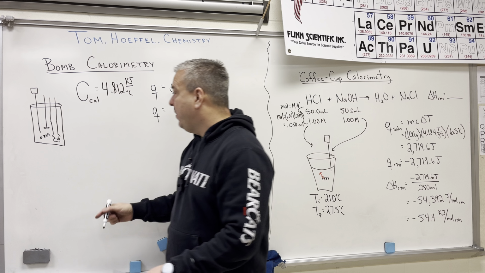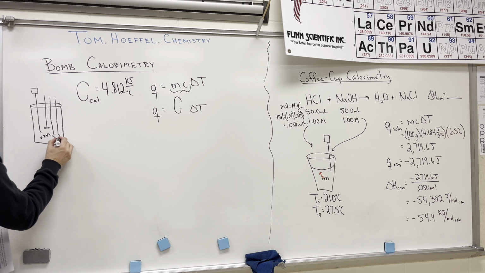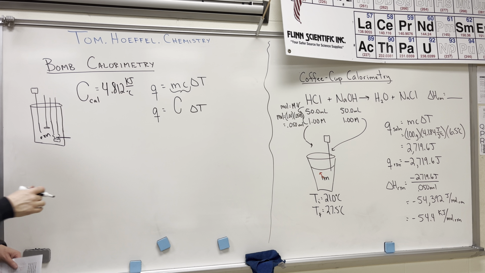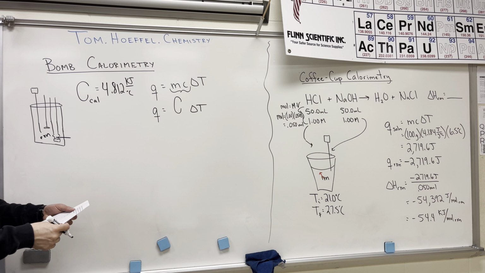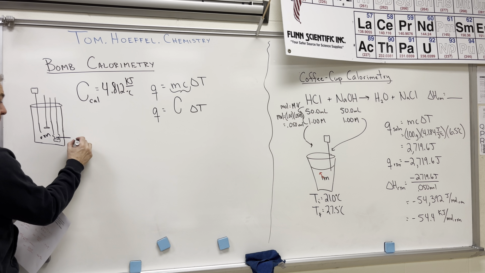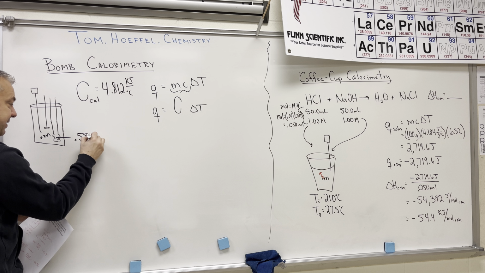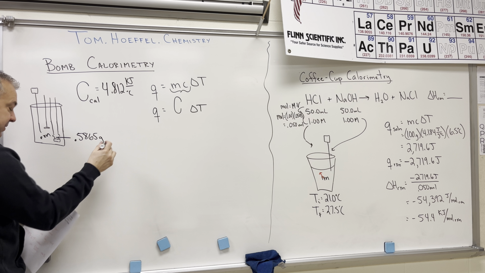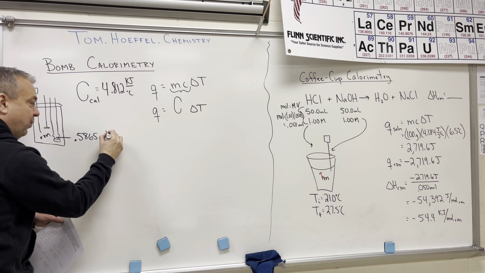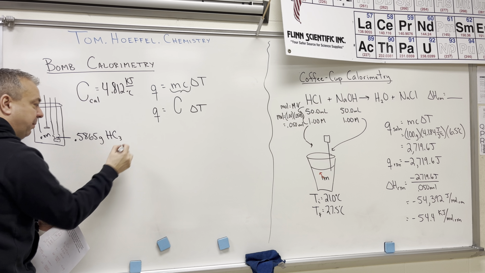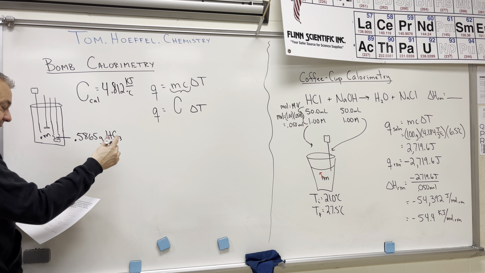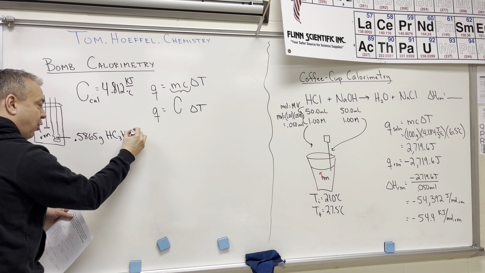Inside this calorimeter, we're going to explode some lactic acid, and it tells us that we're going to explode 0.5865 grams of this lactic acid, which has a formula of HC3H5O3.